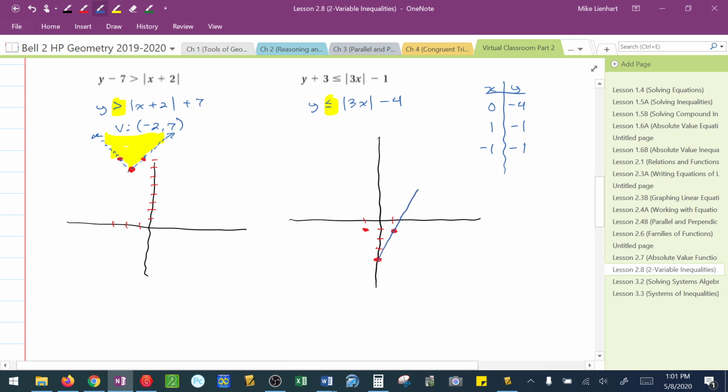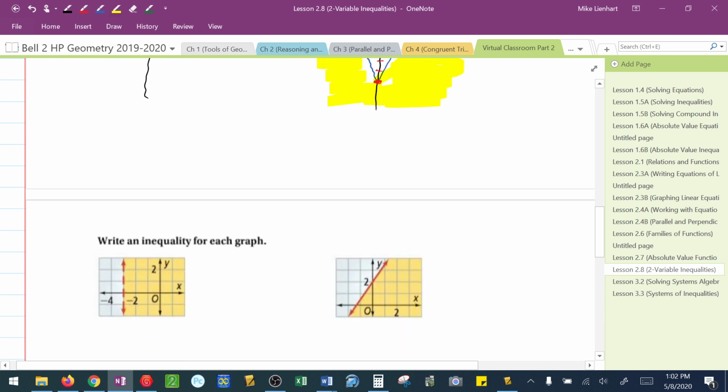So I know this graph is going to look something like this. Okay? Now I need to decide, do I shade inside the V or outside the V? Well, I'm not going to shade inside the V because y's are little according to our inequality, which tells me everything outside the V should be shaded.